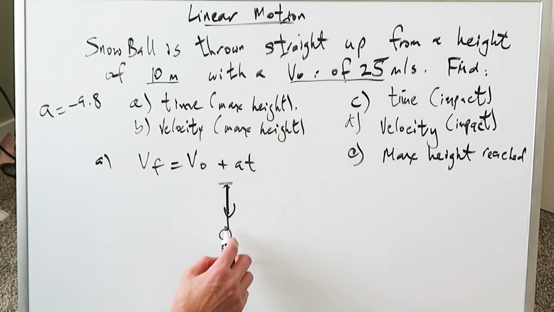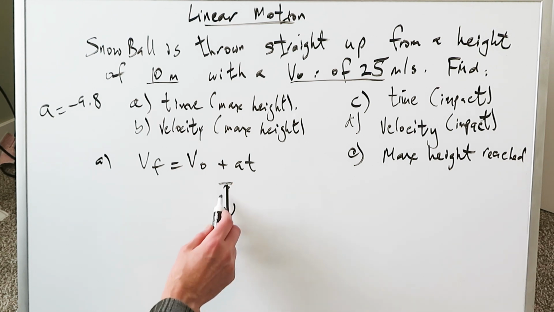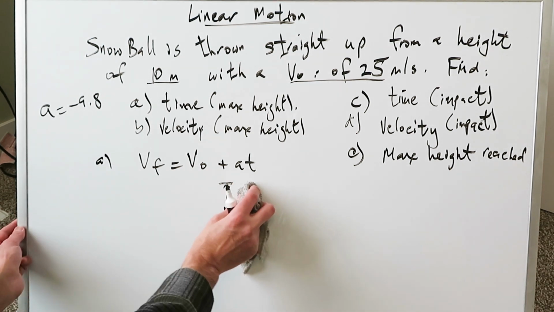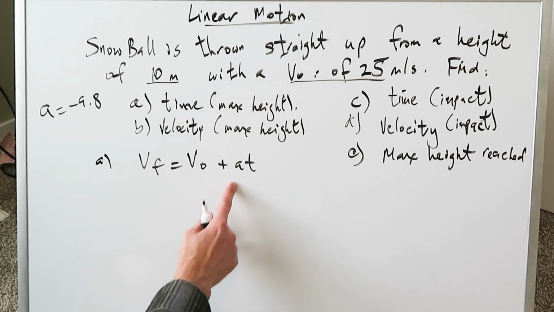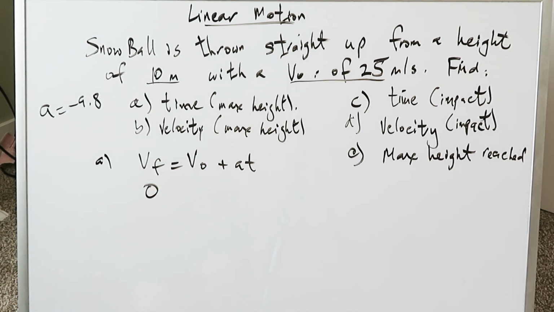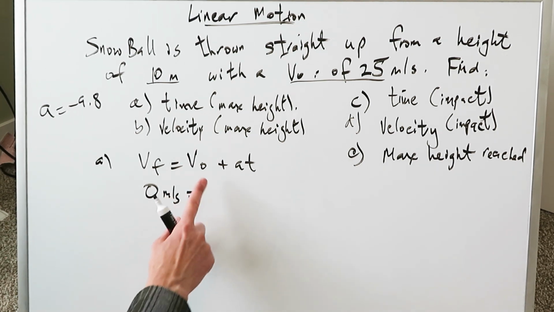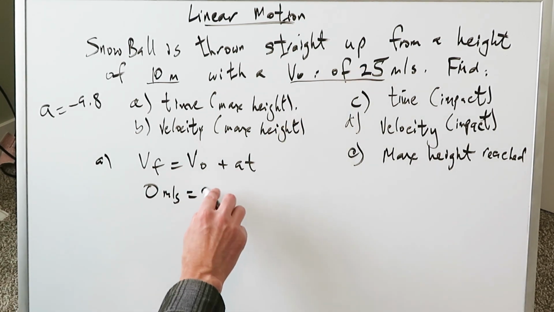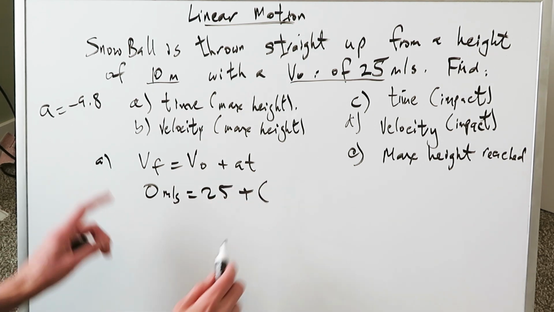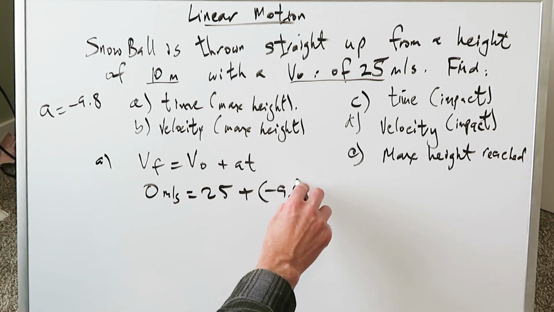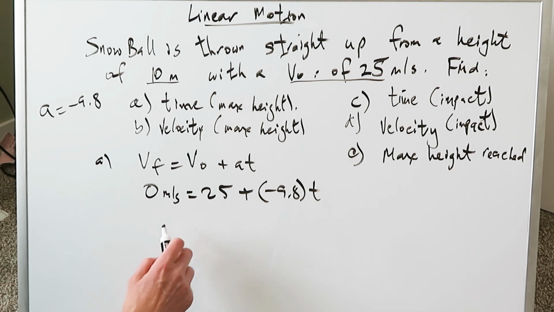But what will happen when the ball is going up and it comes down? It will reach a final velocity, but at the point of that conversion from up to down, the final velocity will be equal to 0. I'm eliminating the units, but here it would really be meters per second. Anyhow, 0 is equal to your initial velocity, 25, plus acceleration, here minus 9.8, times t, and we have to solve for this t. This is just algebra.